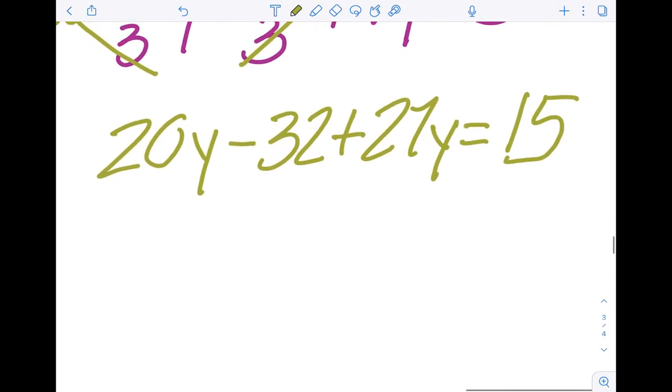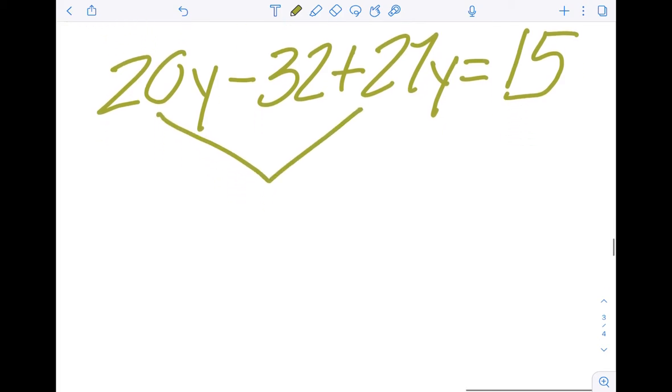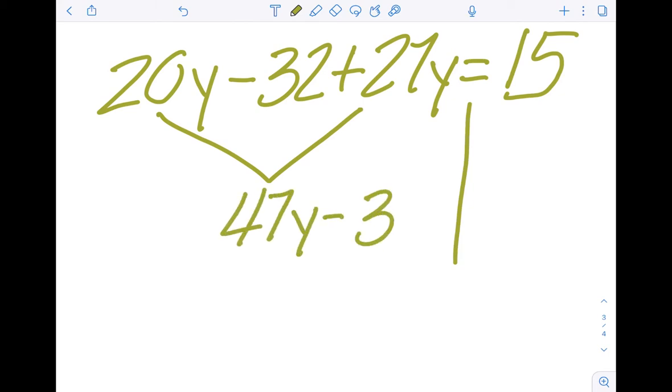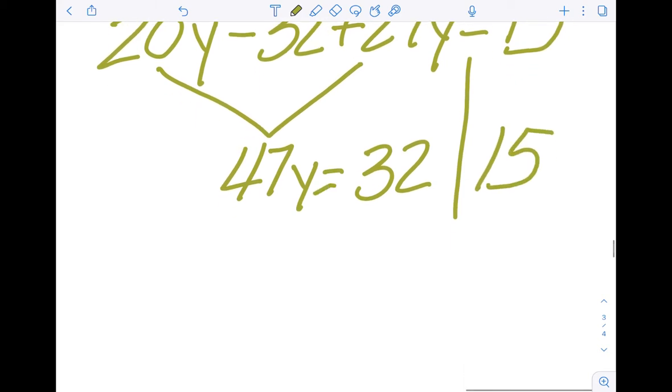Look at that. Now my like terms are 20y and 27y. 20 plus 27 is 47y minus 32, and then 15 on this side. And the opposite of minus 32 is plus 32.